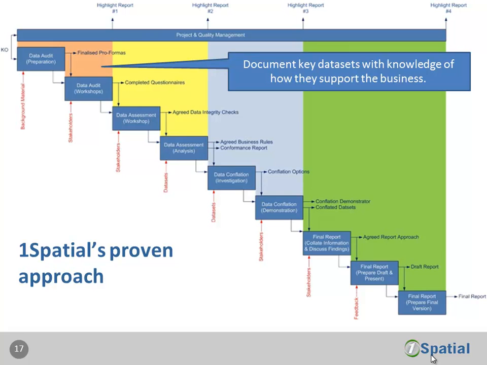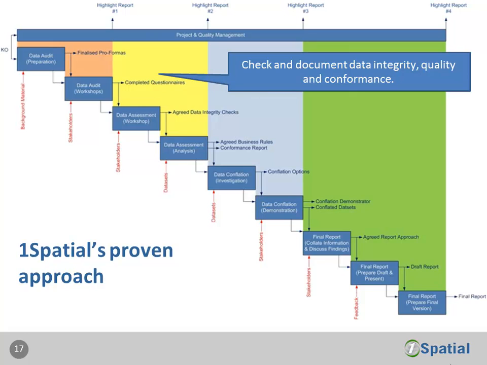It's a good workshop approach that gets all the heads of departments around a table to understand what is the most important data that you manage and what's the most important data for your business, and document that so that you can make sure that there is a case for that data in your business plan in the future.